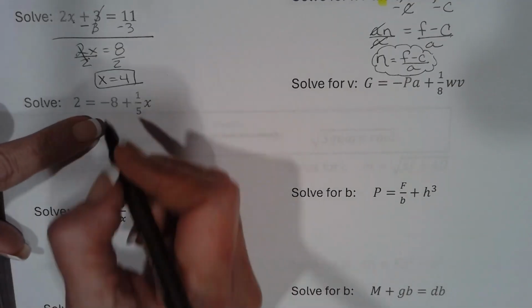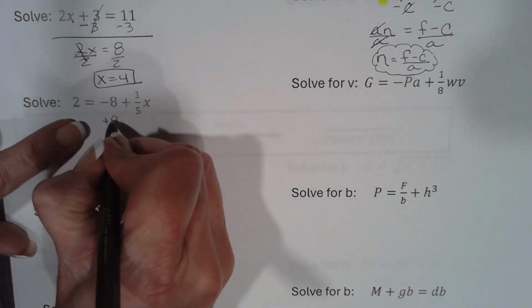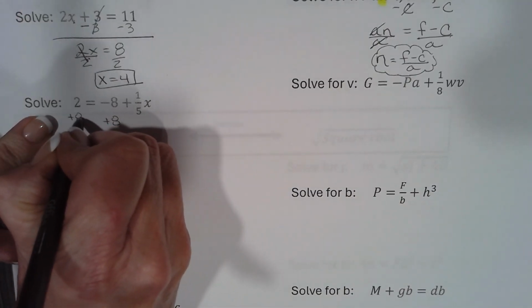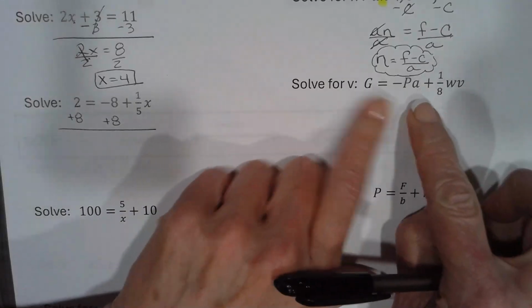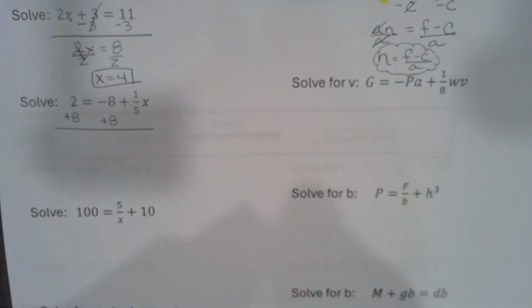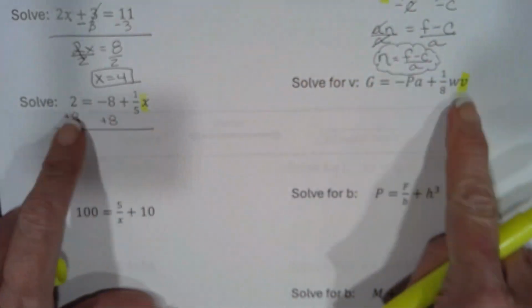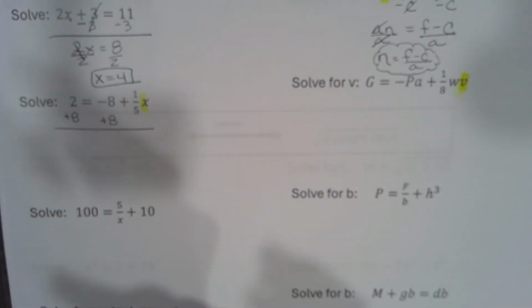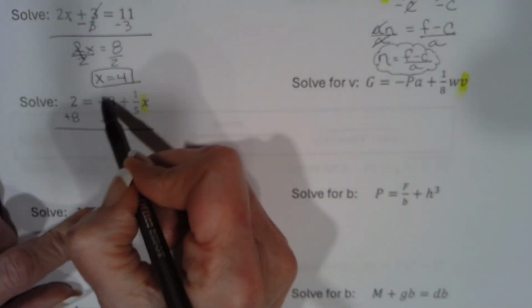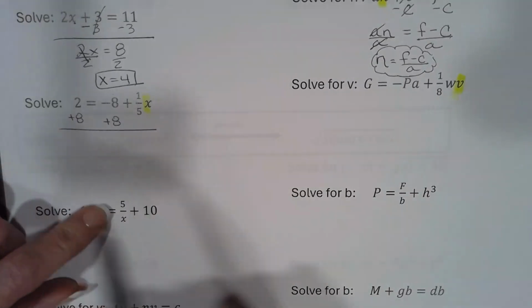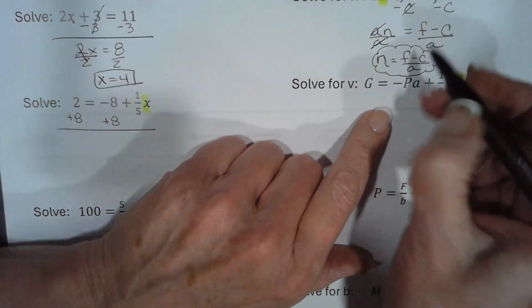Solving for x, first thing I would do, I would add 8 to both sides. Notice here, I'm solving for v. Notice the positioning. All of this is about the same. So I moved this whole term by adding because it was negative. So I'm going to move this whole term by adding.